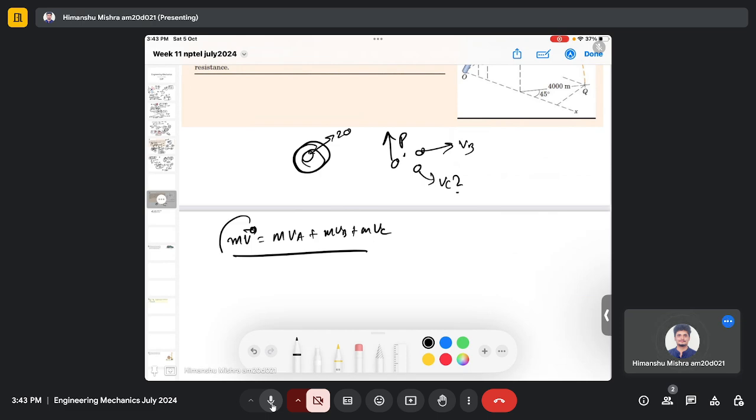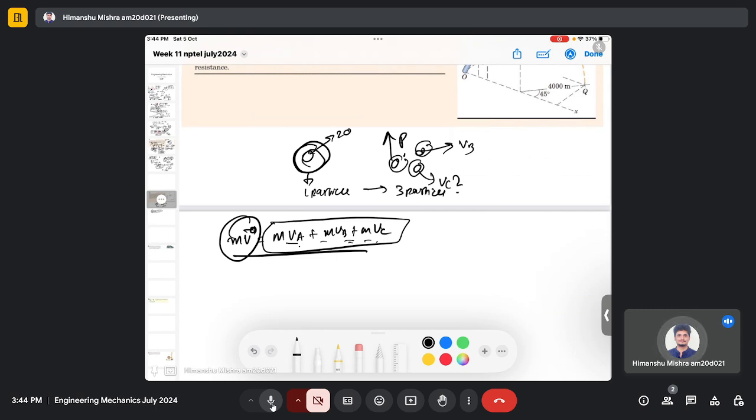It says that my initial momentum equals my final momentum, and the final momentum is given by three quantities, because there are three particles at the final stage. So initially I have only one particle, then it is split into three particles.